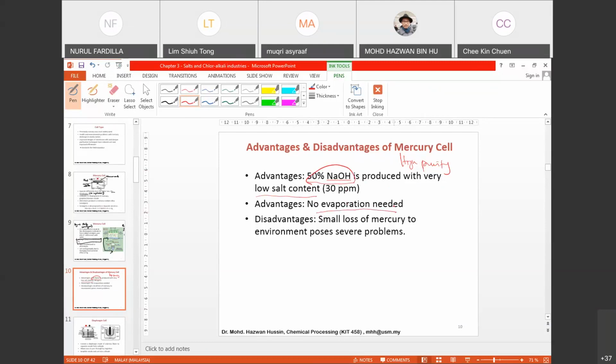The other two methods, diaphragm and membrane cell, actually produce a slightly lower concentration of sodium hydroxide. In order to increase the concentration, they need to remove some water because the concentration produced is quite dilute. Then they will require evaporation, removal of water.